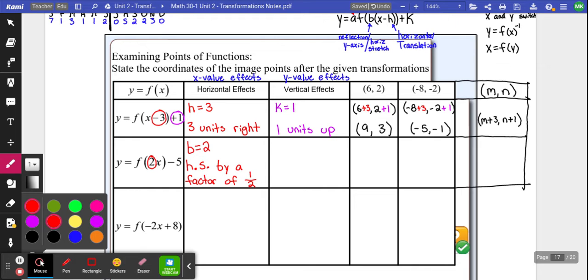Its effect is 1 over 2. Awesome. My vertical effects for this question is my k value, which is -5. If k equals -5, it's going 5 units down.